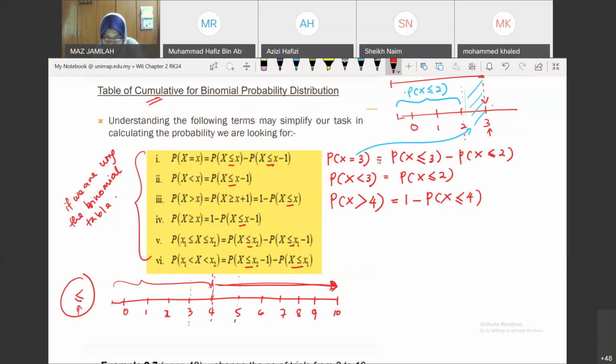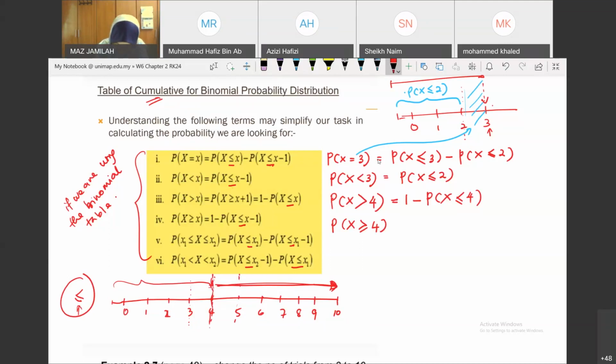Hopefully you can understand further how we can form these phrases in order to answer the probability questions regarding the binomial probability distribution. The same goes if I have P(x greater than or equal to 4). Just now 4 was not included, but now 4 is included, so it must be greater than or equal to 4 from here.